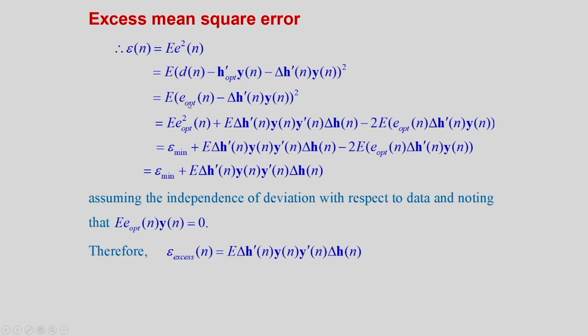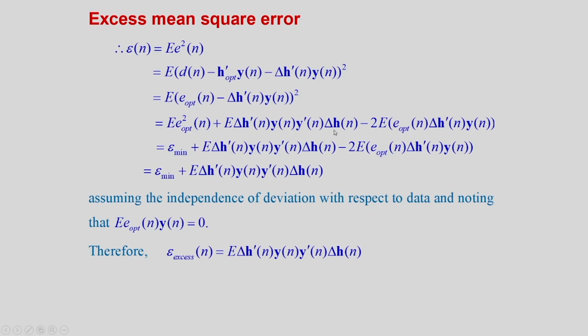We denote it by E opt n, therefore the mean square error will be E of E opt n minus delta H transpose n into Yn, whole square, and this we can write as E of e square n, that is the Wiener mean square error epsilon min, plus E of the square of this quantity, delta H n into Yn transpose into delta H n, because these are matrices.